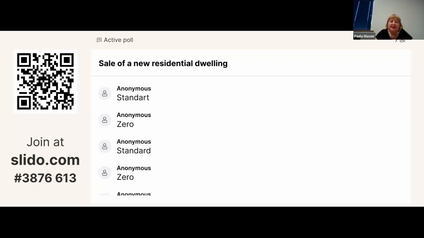Sale of a new residential dwelling is zero rated. I'd hate to think what it would be like if it was standard rate and we had to pay VAT on our houses. But what I would point out is that the first sale of a new residential dwelling is zero rated, and then once the dwelling is sold on, it's an exempt supply.